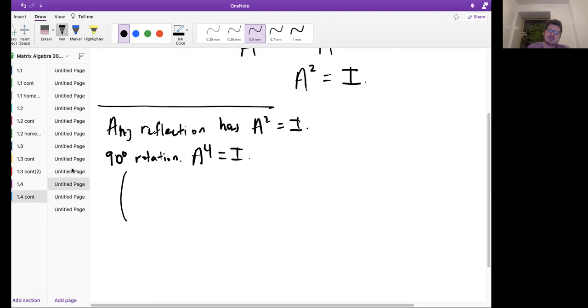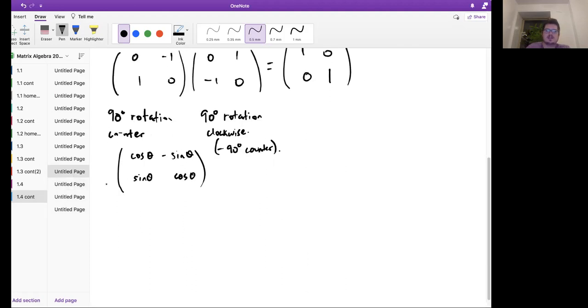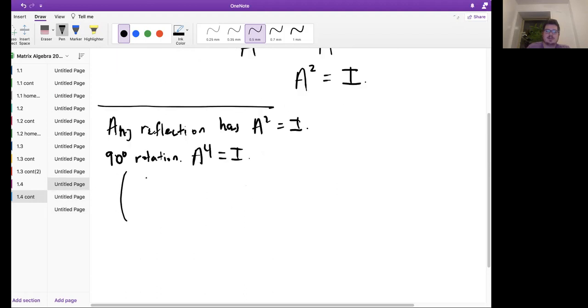The matrix 0, -1, 1, 0 inverse was equal to 0, 1, -1, 0.